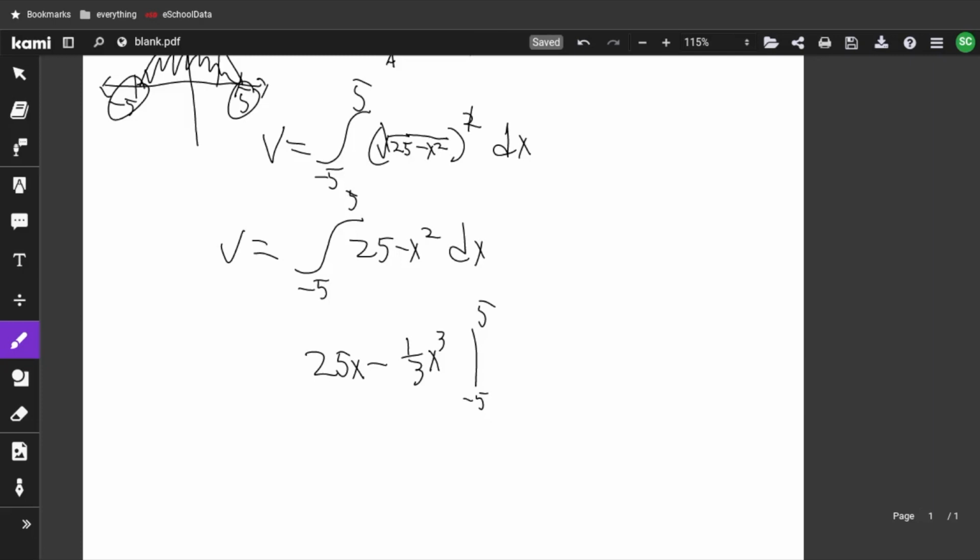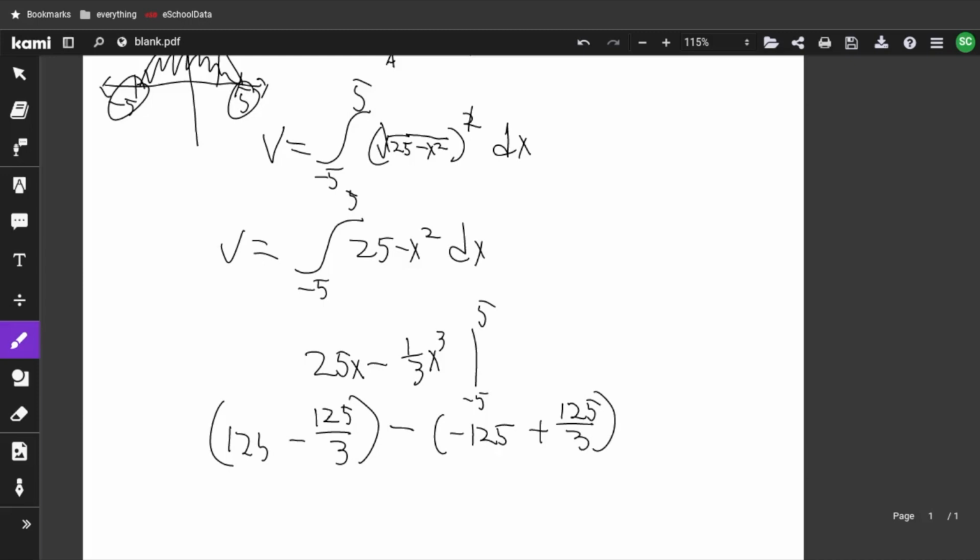After plugging in, what we're going to get is 125 minus 125 over 3, all minus -125 plus 125 over 3, which is going to simplify to 500 over 3, which is our final answer.